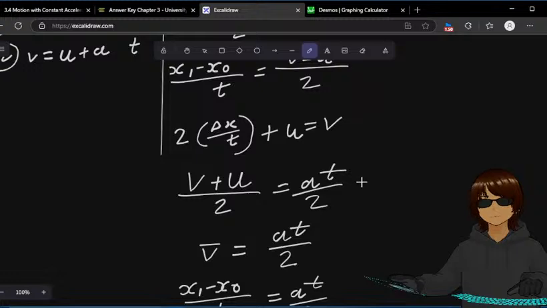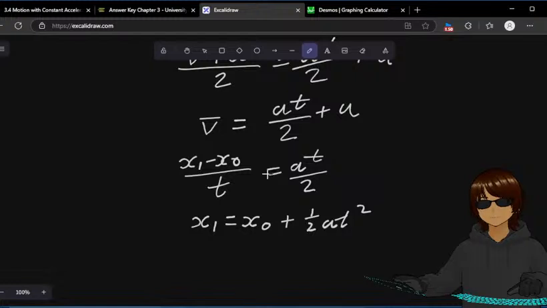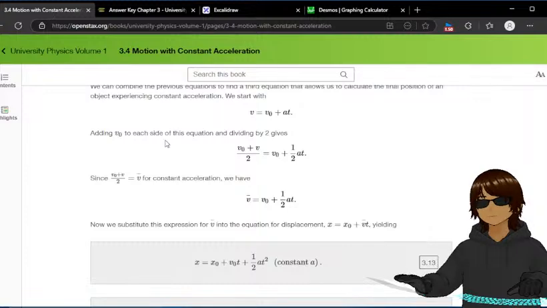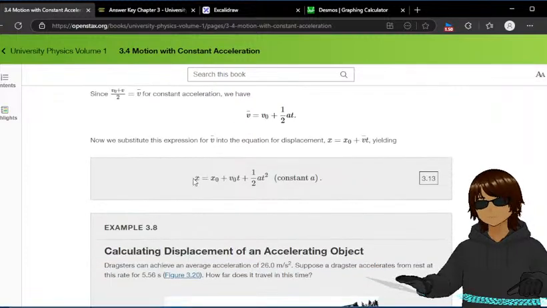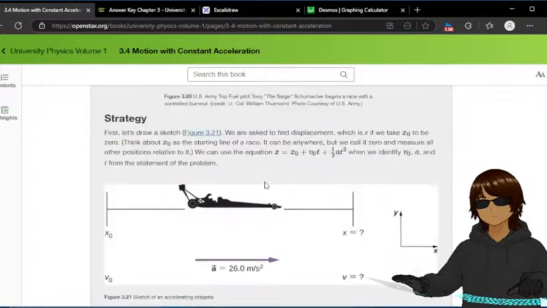This is plus u. So it's all this. This is the third equation, right? So final position is initial position plus initial velocity times t plus half a t squared.